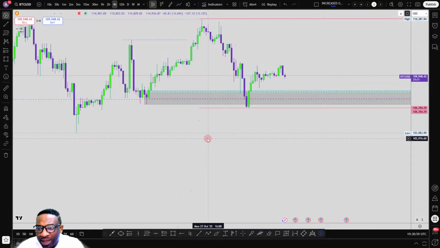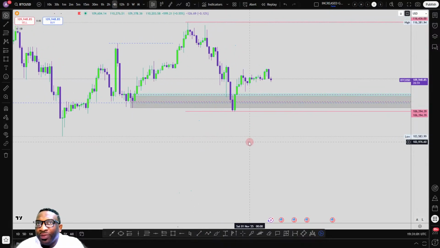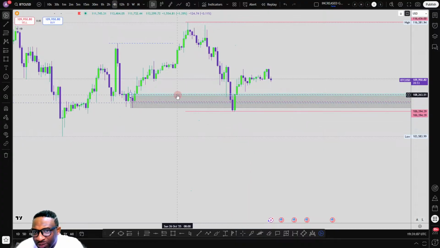That's all the market does. Okay, so on the 4-hour we have refined it to this zone, and then we've had a bullish engulfing from the zone, a very beautiful one for an entry to the upside.